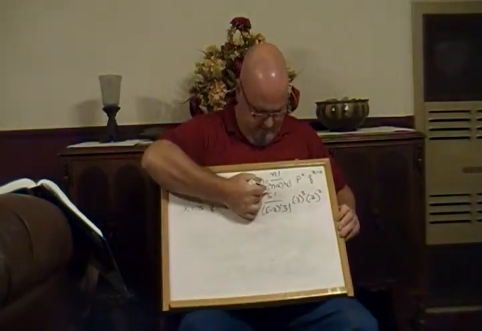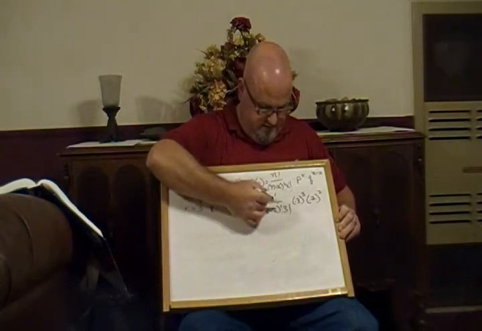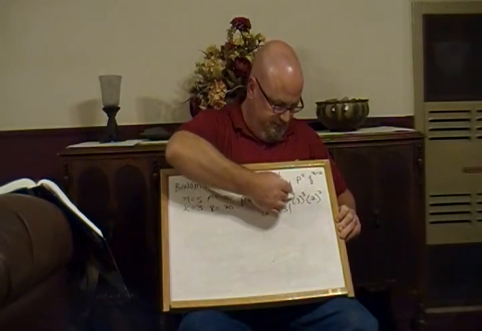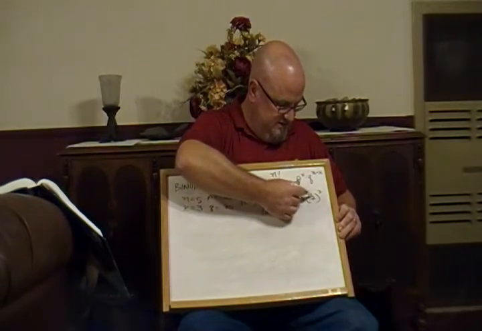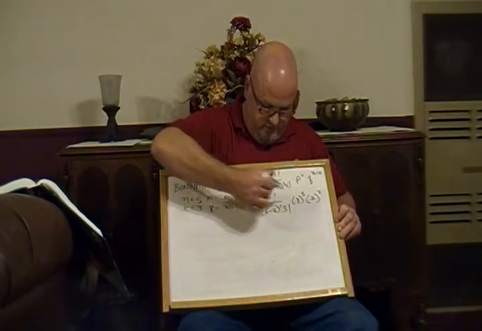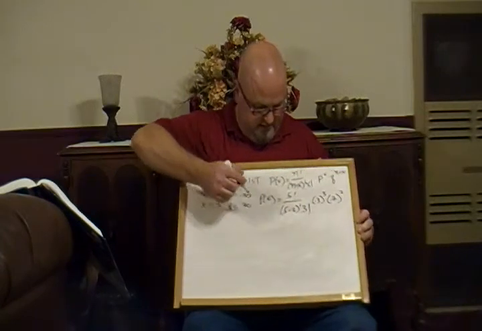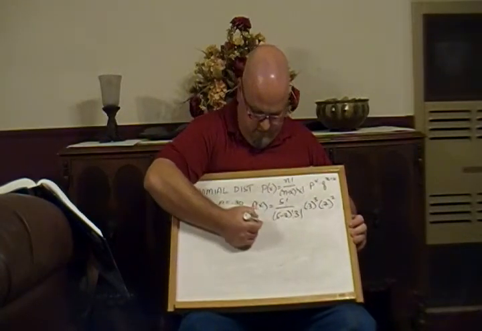Okay, so here we have 5 factorial, that's our n, 5 minus 3 factorial, times 0.3 to the third, 0.7 to the 5 minus 3, which is 2. And let's calculate this all out. Let's do this part first.